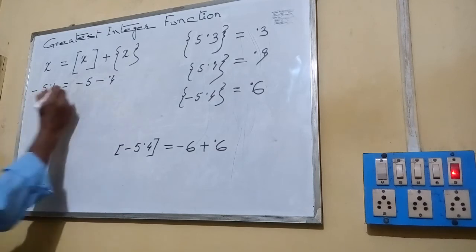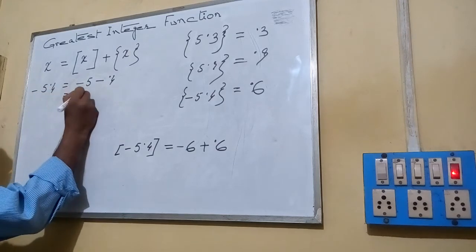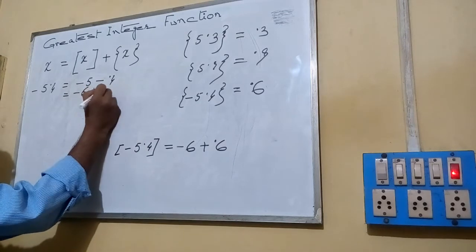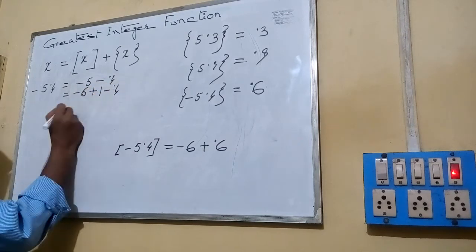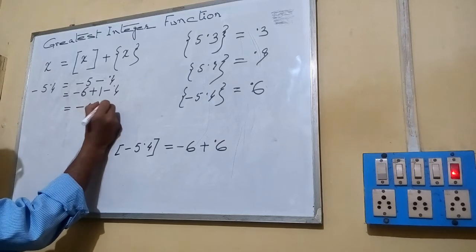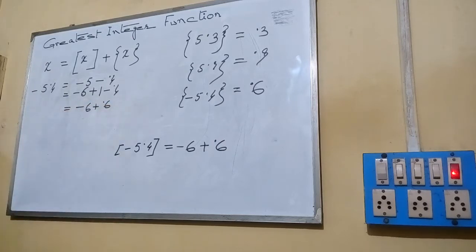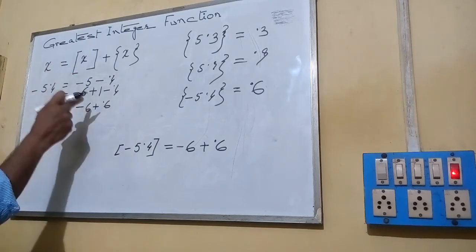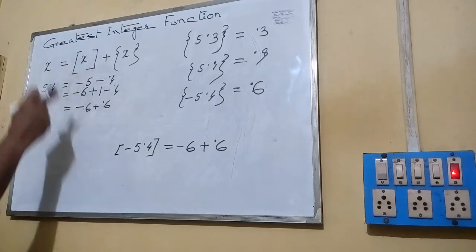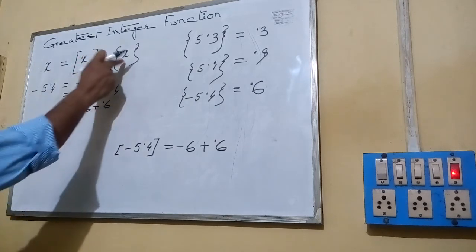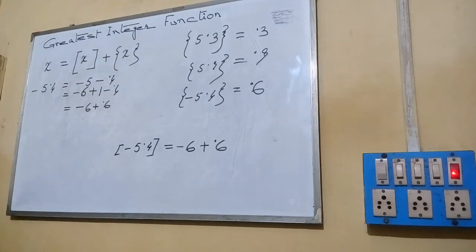This one we can write as minus 6 plus 1 minus 0.4. That's why minus 6 plus 0.6. So here the integral part is minus 6 and the decimal part is 0.6.